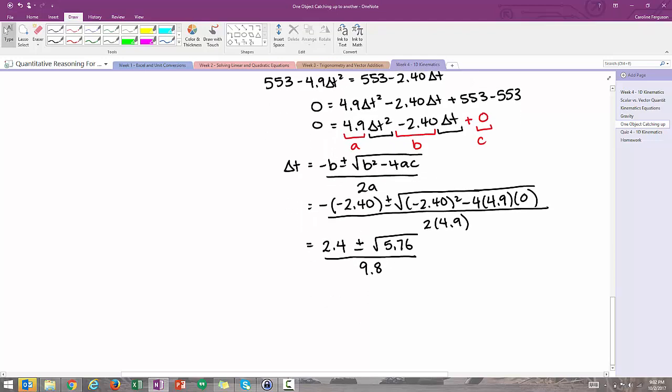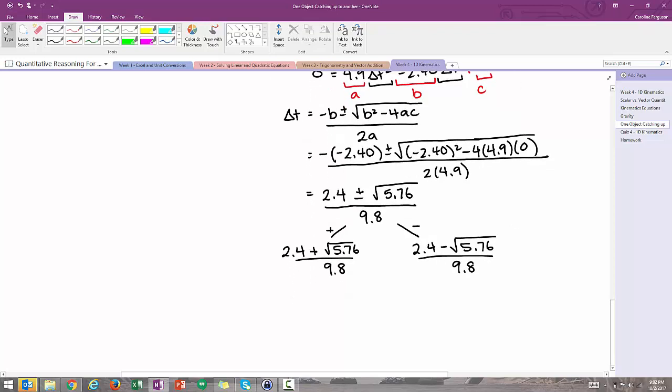Now I'm going to write this out twice, once with a plus sign, once with a minus sign. With a plus sign, I would have 2.4 plus root 5.76 over 9.8. And with the minus sign, I would have 2.4 minus root 5.76 over 9.8.